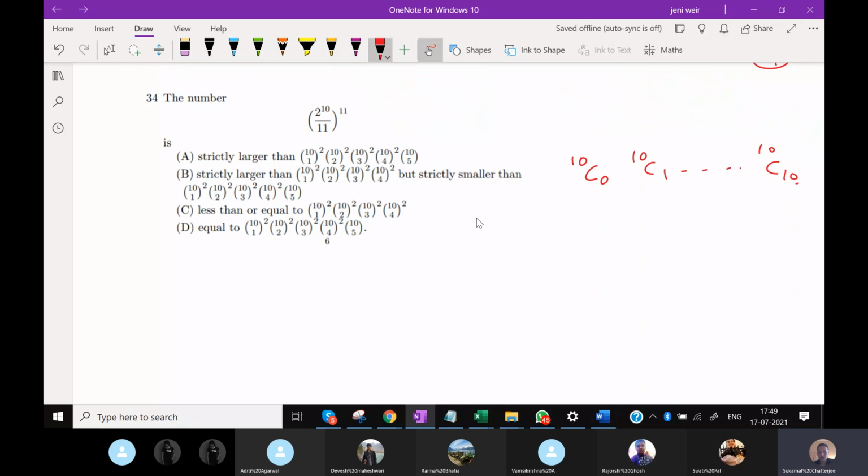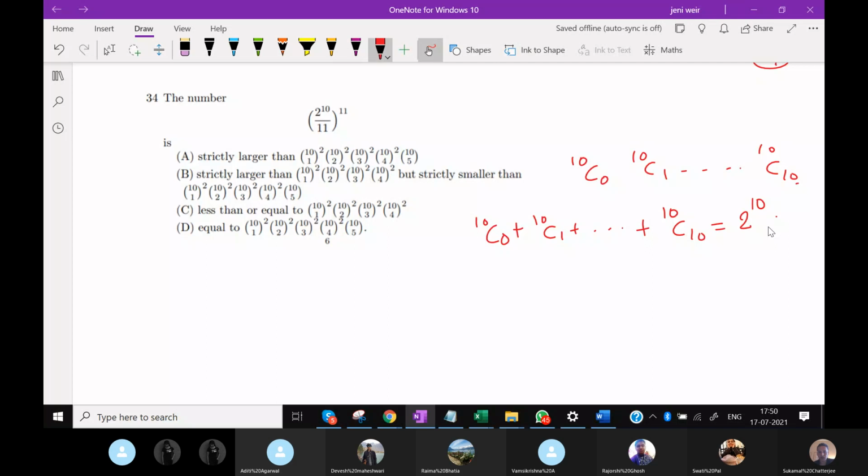So you know that 10C0 plus 10C1, etc., up to 10C10 is 2 to the power 10. Binomial theorem. The summation of nCr is 2 to the power n. Correct?